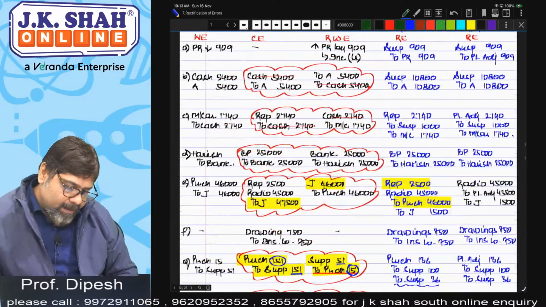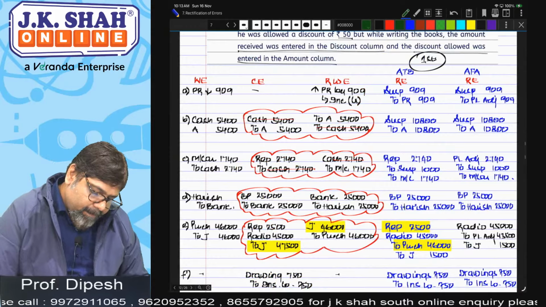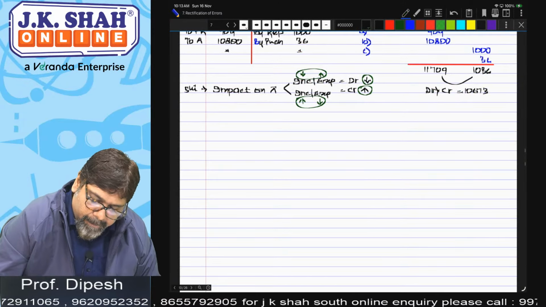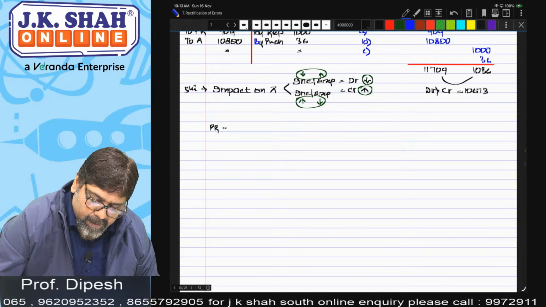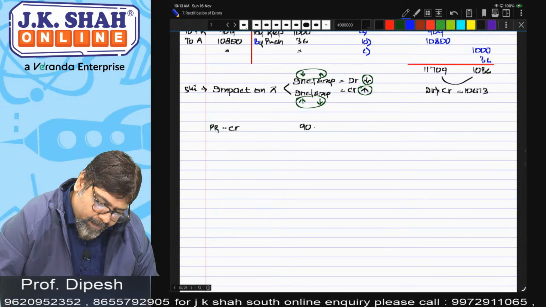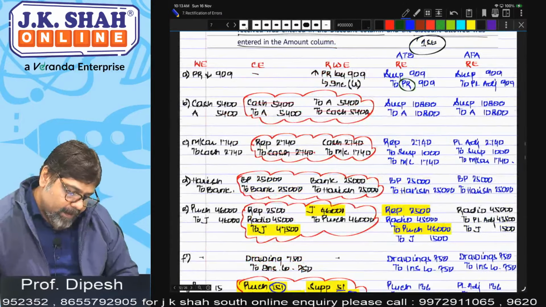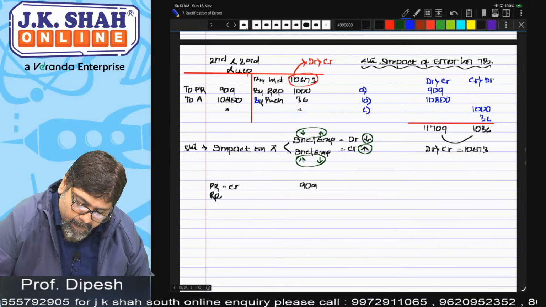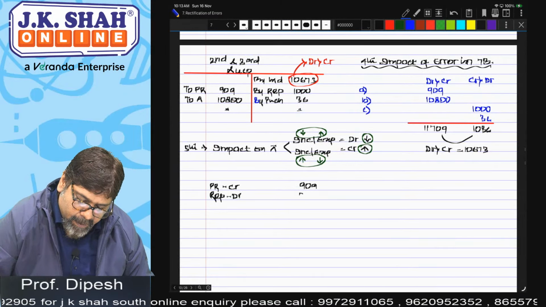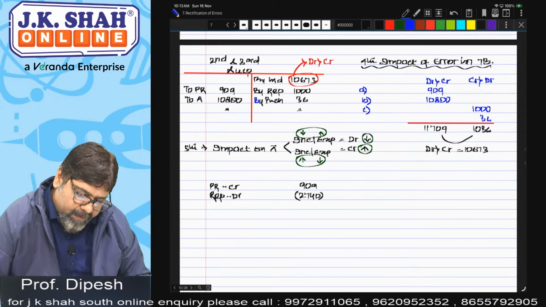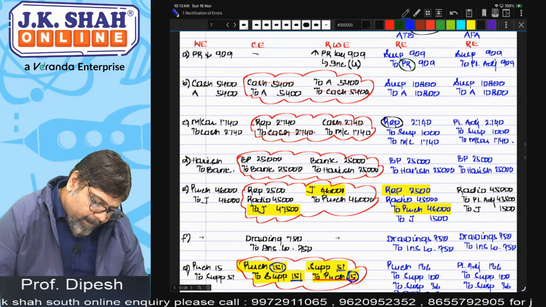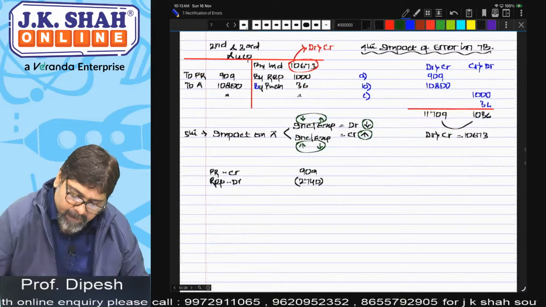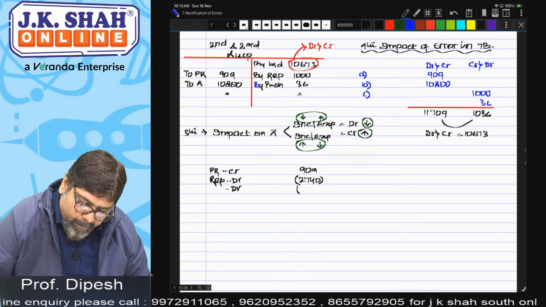Now, let's check. Purchase return credit, profit is increasing by 909. Suspense. Repairs debit 2740, profit is decreasing. Repairs debit 2500, profit is decreasing.